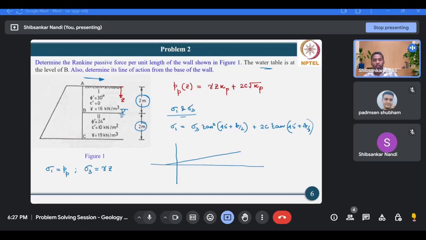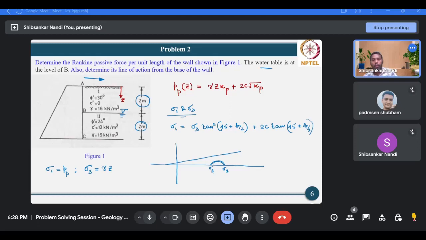So suppose initially this is the Mohr circle pertaining to the earth pressure at rest condition. This is your sigma H and this is your sigma V. Or suppose this is sigma 1 and this is sigma 3.